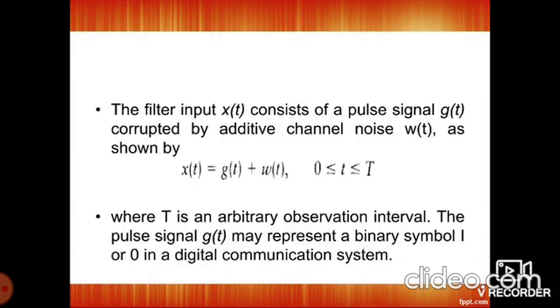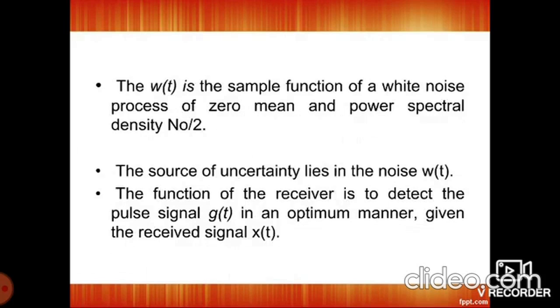The pulse signal g of t may represent a binary symbol 1 or 0 in digital communication. The w of t is the sample function of a white noise process of zero mean and power spectral density N0 by 2. N0 is the power spectral density of white noise.